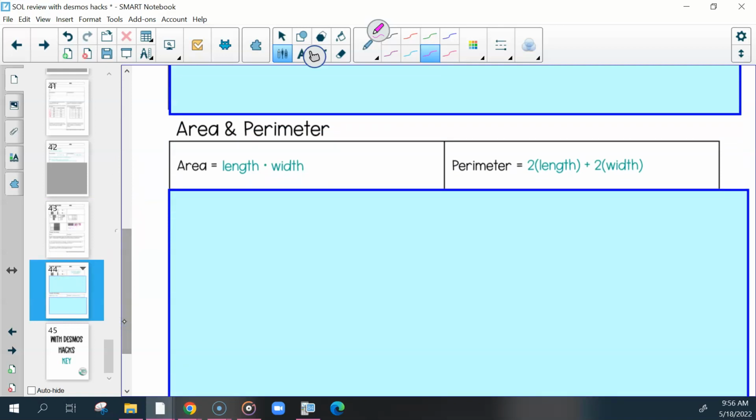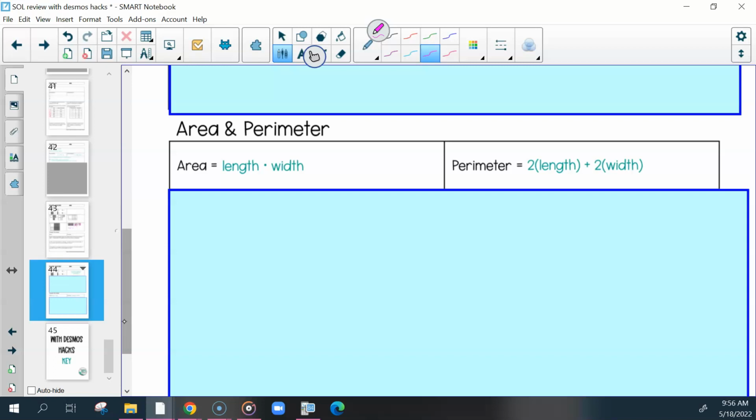And then on your formula sheet, you will be given area and perimeter. So it will tell you how to find the area and perimeter for a square and a rectangle, how to find the area of a triangle, and your quadratic formula. It'll be embedded.